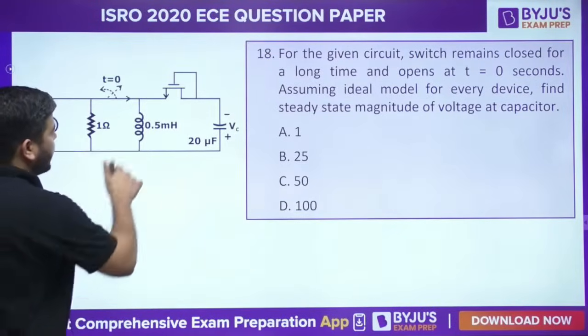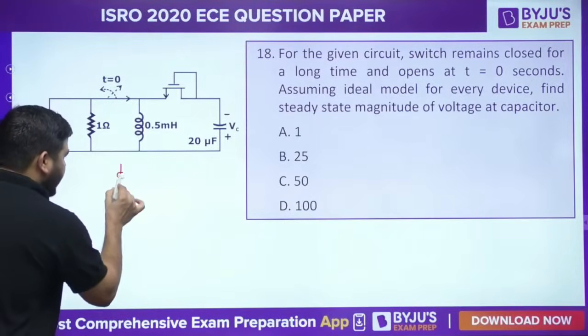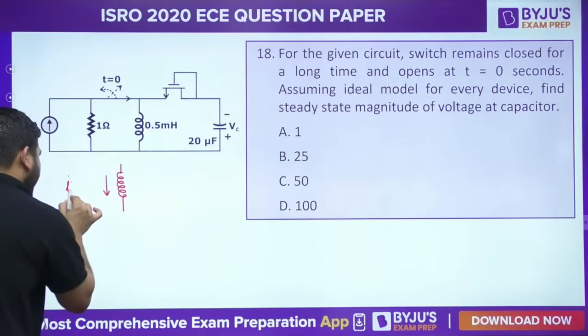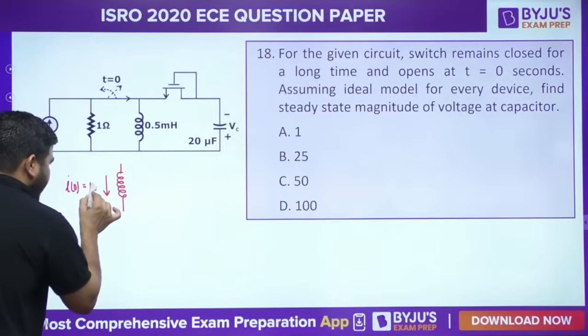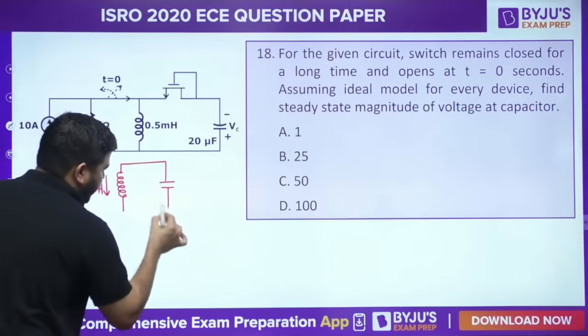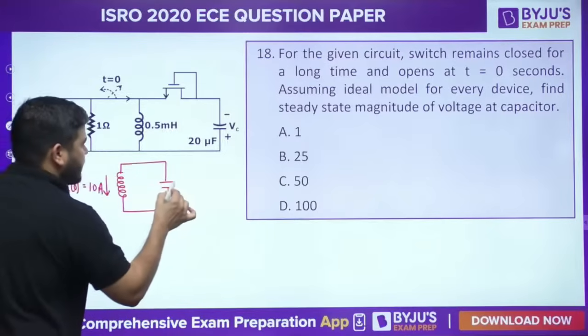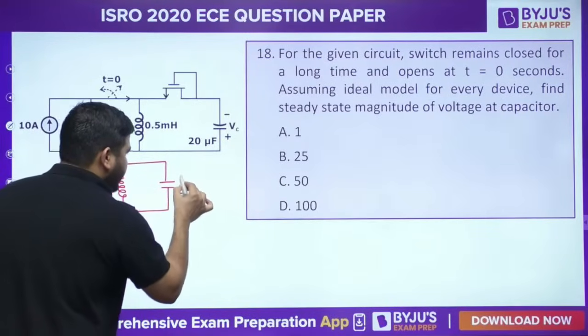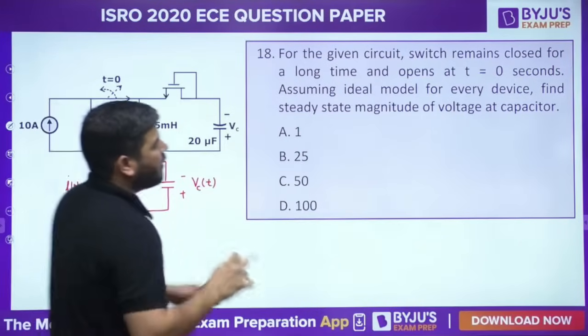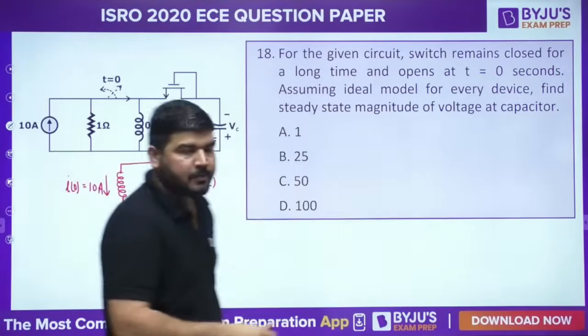We have an inductor with initial current I0 as 10 ampere, and a capacitor, and we need to calculate this steady state voltage VC(t), the magnitude of the steady state voltage across the capacitor.